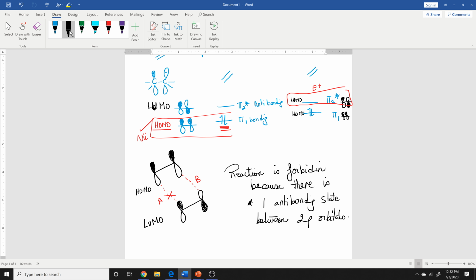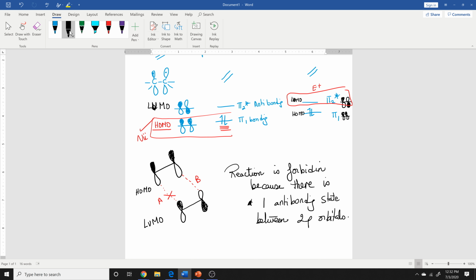As long as you have one anti-bonding state, if all the p orbitals are bonding except 2 p orbitals that are not bonding, then immediately the reaction will not happen.